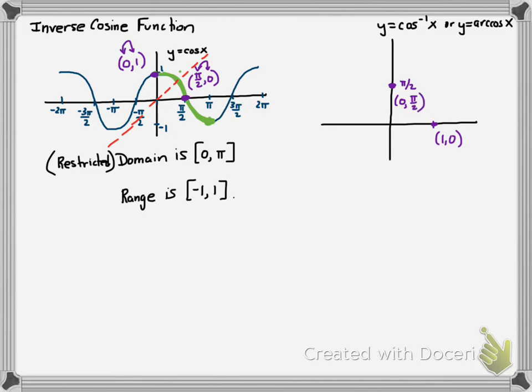And our last point is the other end point of our restricted portion of the cosine function, and that point is the point pi, -1. And when we flip-flop the x and the y, we have the point -1, pi.